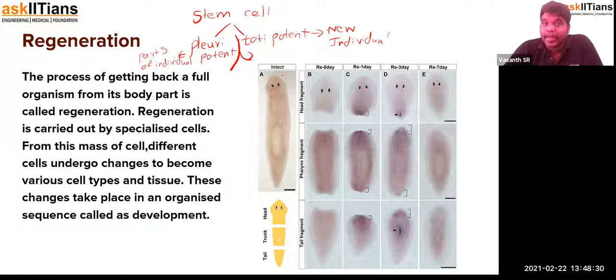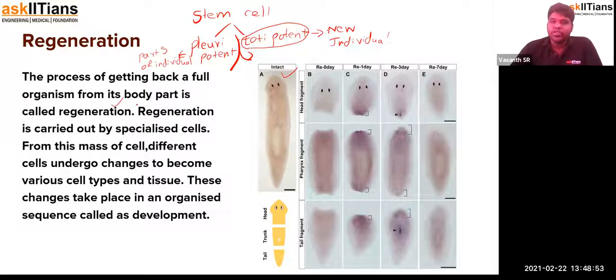Organisms like planaria, for example, have a huge mass of this type of cell, which contains pluripotent nature. So they give rise to a completely new organism. That's what we are going to see now. The process of getting back a full organism from body parts is called regeneration.